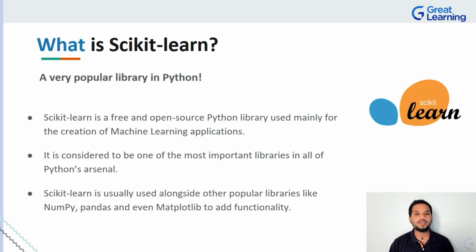So overall, when you're trying to devise a machine learning solution, you're going to be using all of these in conjunction, right? It's not just you using Scikit-Learn. Scikit-Learn gets the machine learning part of it done. But to convey the machine learning part to a generic audience, or to explain it in a fashion that would be understandable by a wide audience, you would require something like Matplotlib. To make your machine learning algorithm understand the data, you have to feed it in a very structured manner.